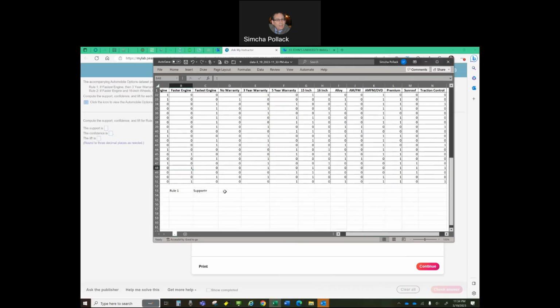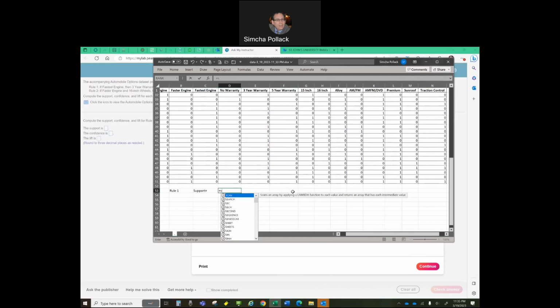You can multiply the numbers in the two columns. If either of them is a 0, the product will be 0: 0 times 0, 1 times 0, 0 times 1. But if they're both 1s, the product is 1. If you sum that up, you get the total number of times you ended up with a person who wanted both a fastest engine and traction control.